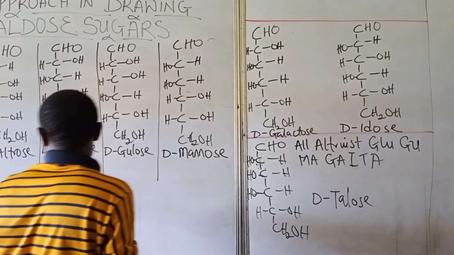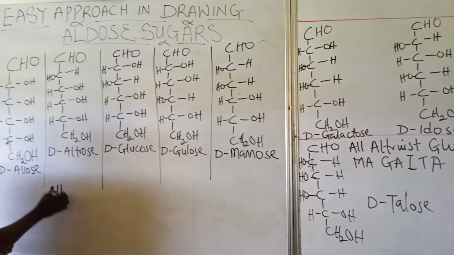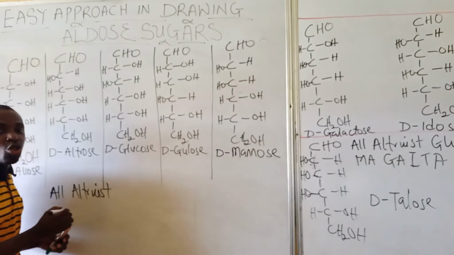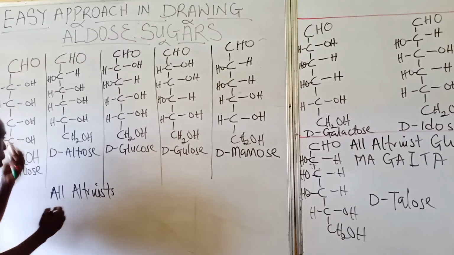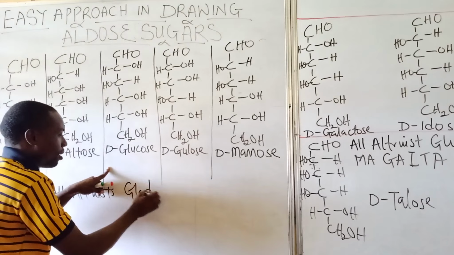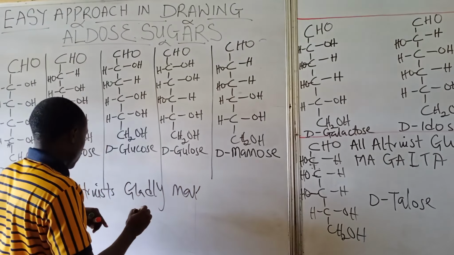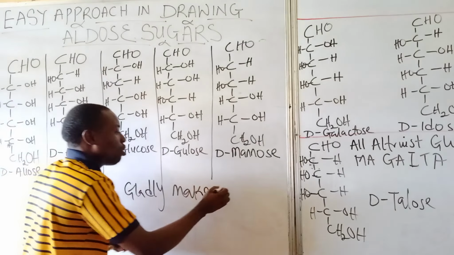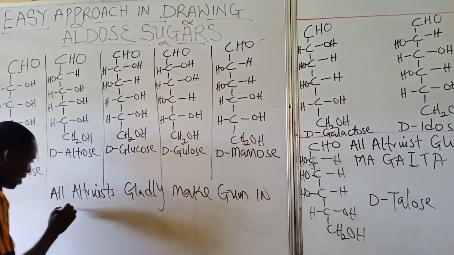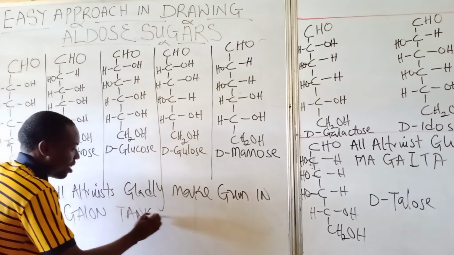There are still others. Some can also say: all altruist gladly makes gum in gallon tanks.